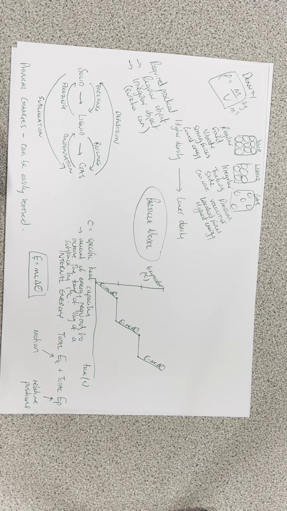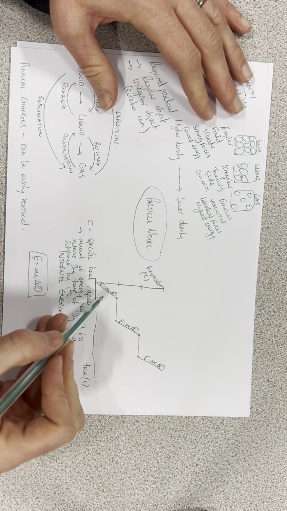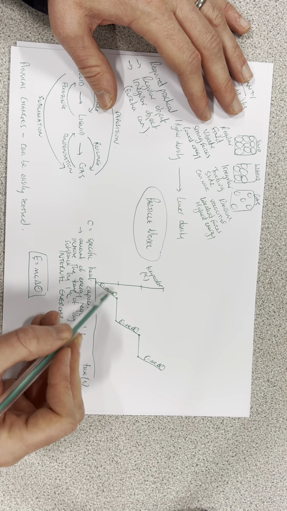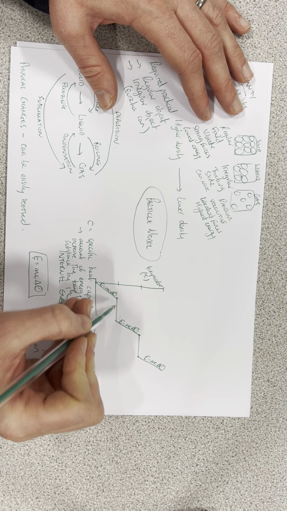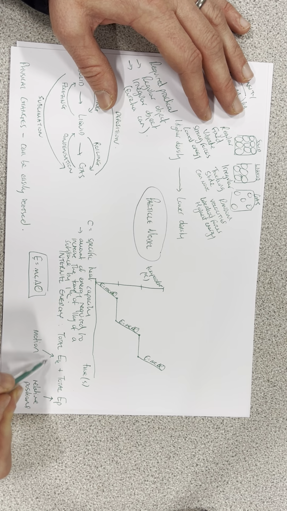Some substances will require a lot of energy to change their temperature by 1 degree and others less. But if you ever got a section on a graph that has a change in temperature, you have to use this equation. And that's associated, remember, with the increase in kinetic energy.